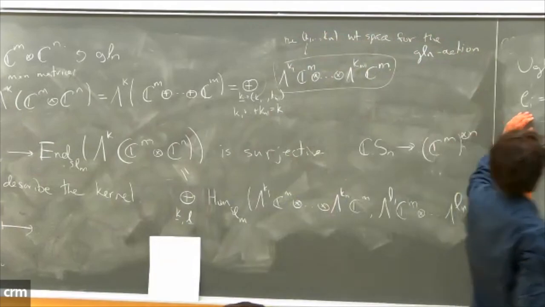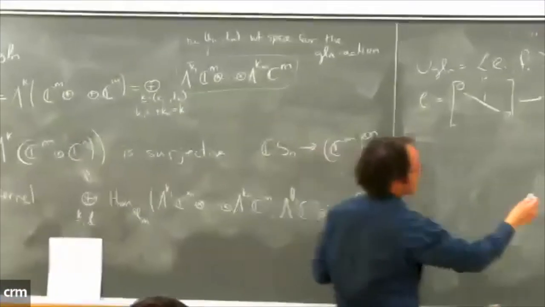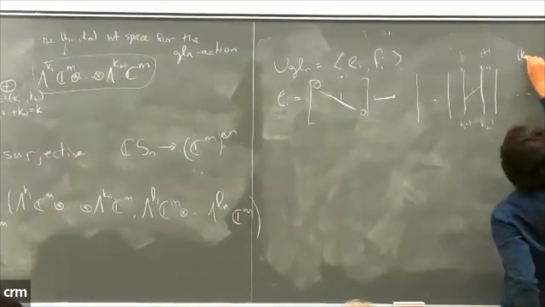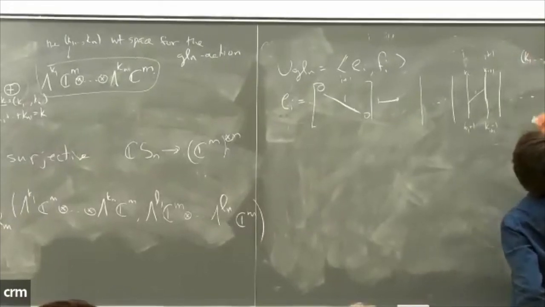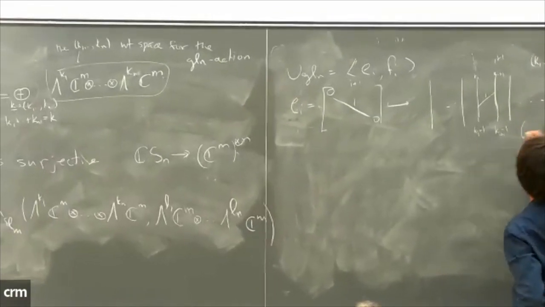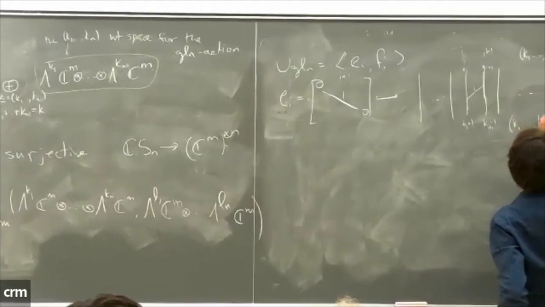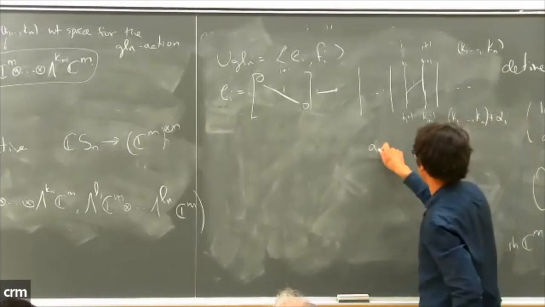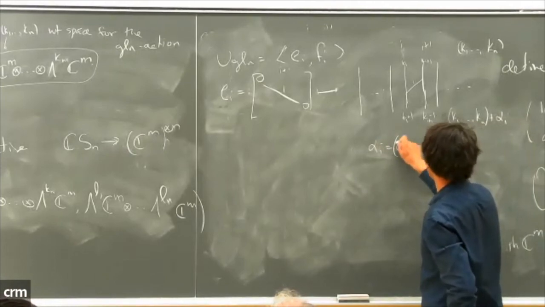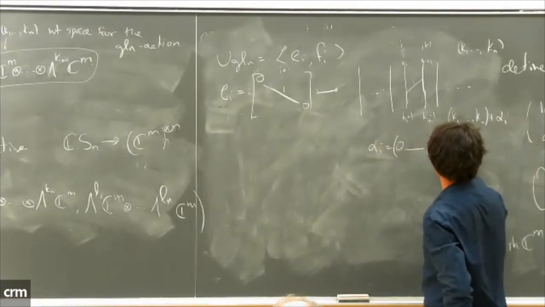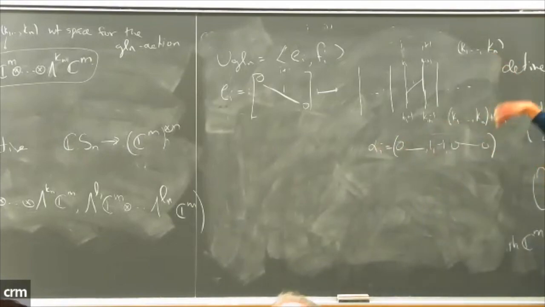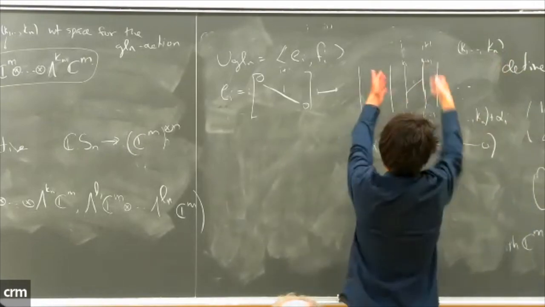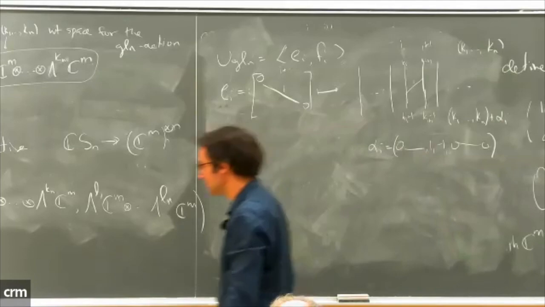E_i takes you from that weight space to the weight space obtained by adding alpha_i, the simple root with a 1 and a -1. That's what E_i does: it takes you from some weight space and adds alpha_i to the weight. And it turns out it's exactly realized by this diagram.